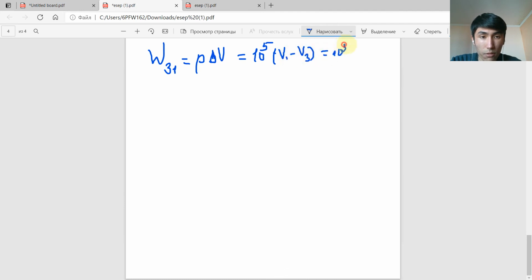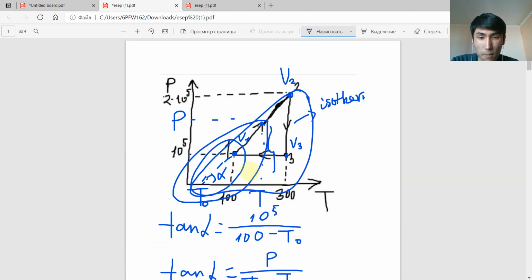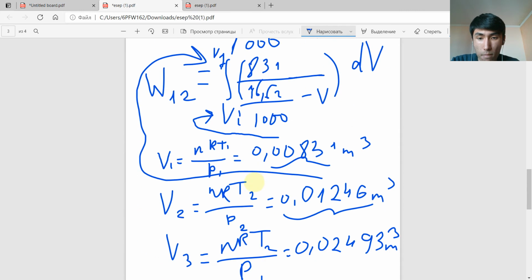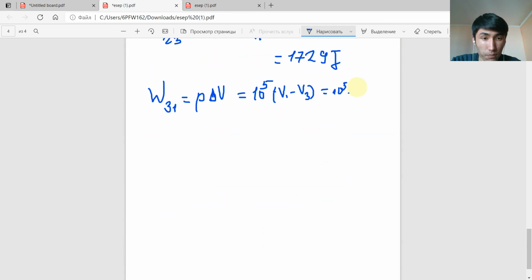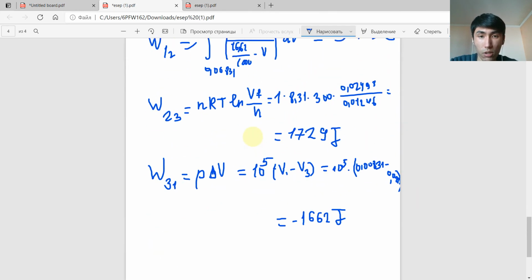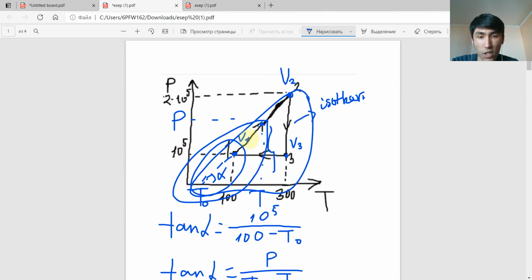So 10 to the power of 5 times V1, 0.00831, minus V3, 0.02493, right? So let's write the result of calculation. Here will be minus 1662 joule approximately.